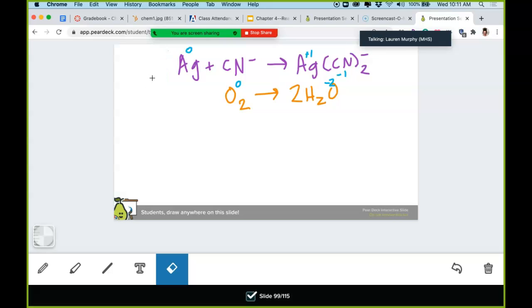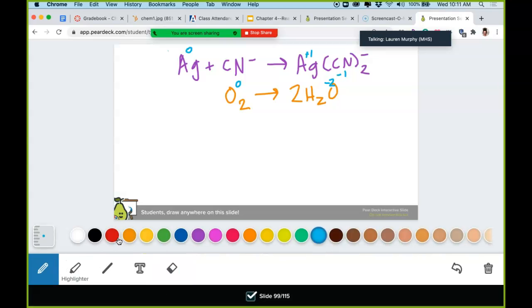So the first thing you always do is you balance all elements other than oxygens and hydrogens. So that would be like your silvers and your carbons and your nitrogens. So look, I see 2 cyanides over here, so I'm going to put a 2 right here. 1 silver, 1 silver. Okay, so we're good there. Next thing you balance are oxygens. I don't have oxygens.